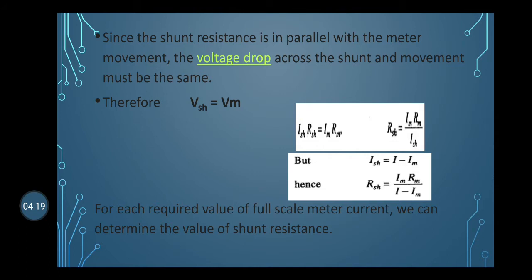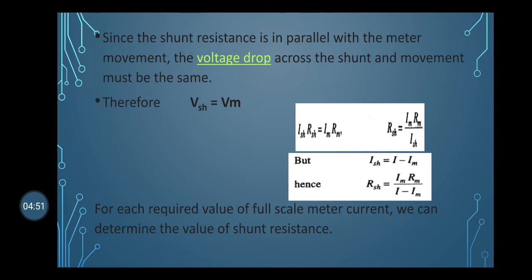Therefore RSH is equal to IM into RM divided by ISH, that is RSH will be equal to Im into Rm divided by capital I minus Im, and this is the resistance which is required for the particular current flowing through the meter.